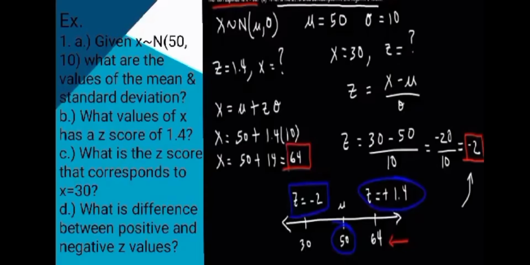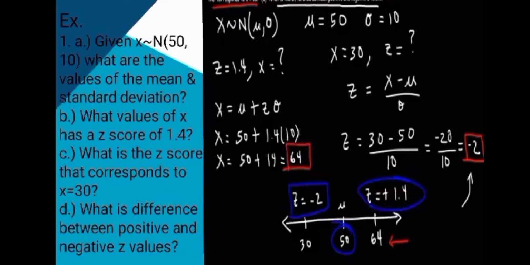And then an example of the standard normal distribution. With 50 and 10, what are the values of the mean and standard deviation? What values of x has a z-score of 1.4?